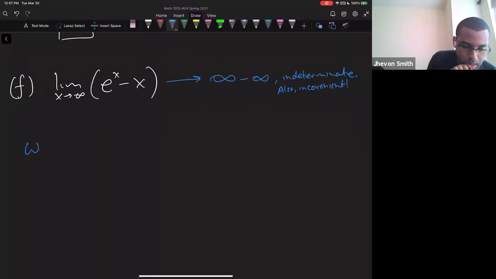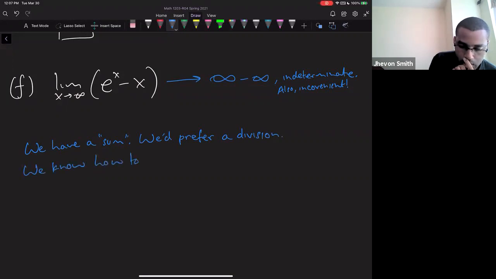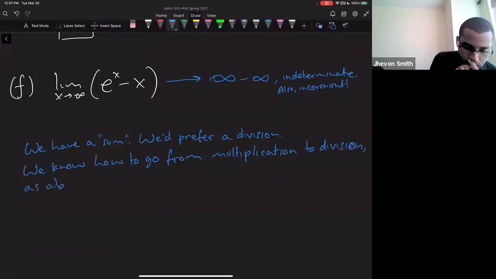So here we have a sum, we'd prefer a division. We know how to go from multiplication to the division, as above.